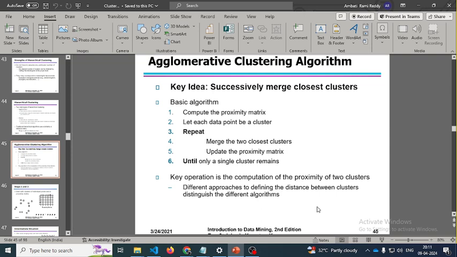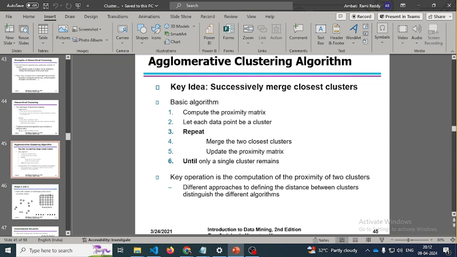Now we will see the algorithm for agglomerative clustering. The key idea is to successively merge the closest clusters. The basic algorithm: first compute the proximity matrix. You have some data points; let each data point be a cluster.